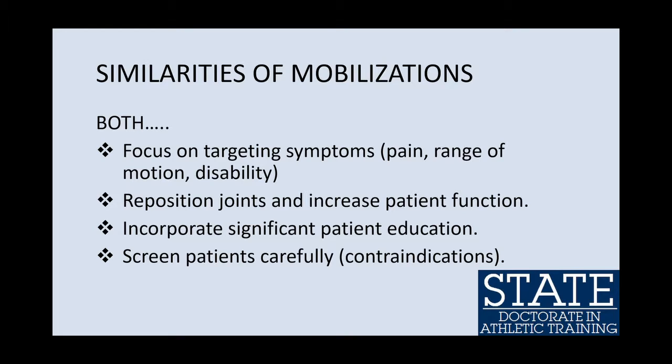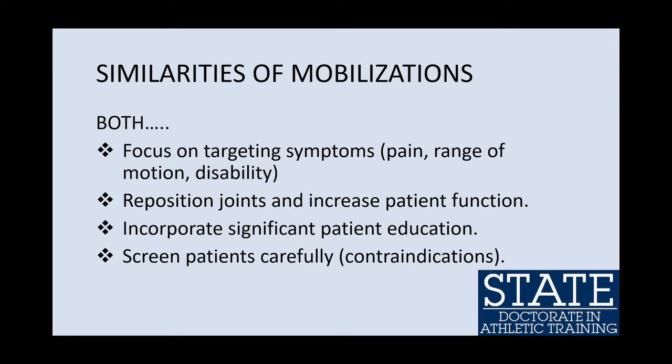As I already mentioned, Mulligan mobilizations, there's supposed to be no pain with those. And so you would need to be telling that patient that that is what they should be expecting. They should be expecting no pain. Versus Maitland mobilizations, some minor pain may be expected and is okay.